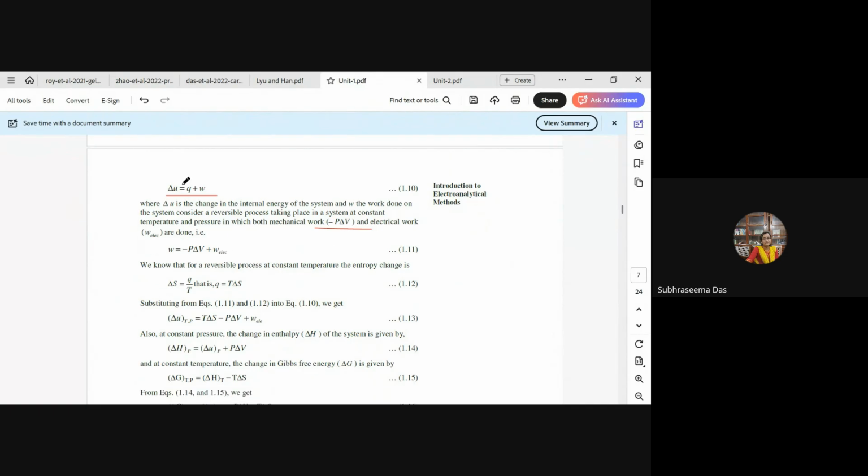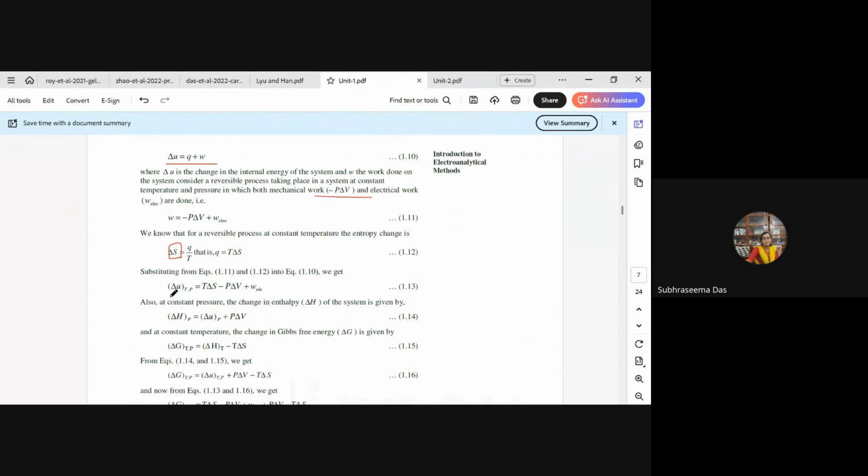We know delta S, that is the entropy change, can be written as Q by T. So Q becomes T del S. We put the value of W and Q in equation 1.10, and we find that delta U at constant T and P becomes T del S, that is the value of Q, minus P del V plus W electric.